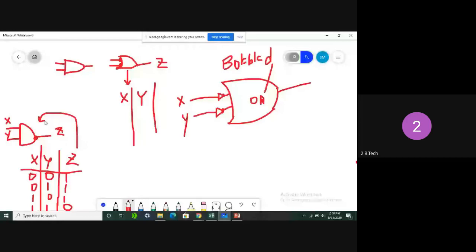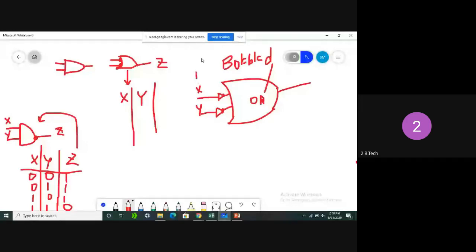We can see here how it is happening. Now anyone can tell me, if you are applying X and Y here, if X is 0, then what is the real input of this bubbled OR?